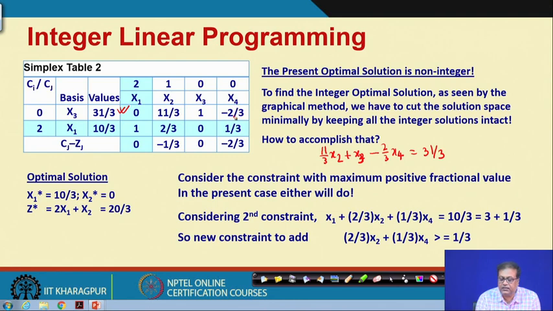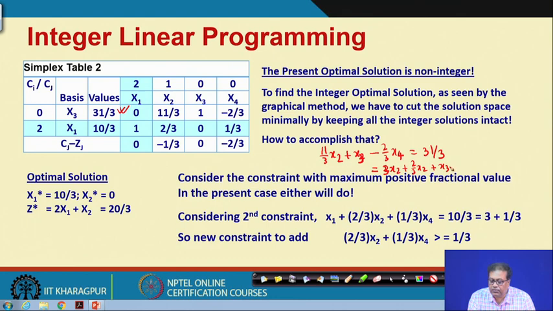So, 11 by 3 becomes 3 plus 2 by 3 x2, x3 stays as x3, and minus 2 by 3 x4 has to be converted to the positive fractional part.